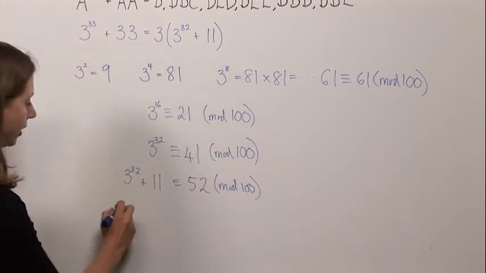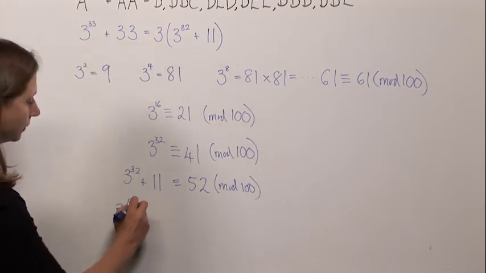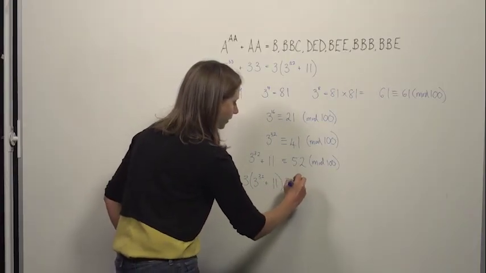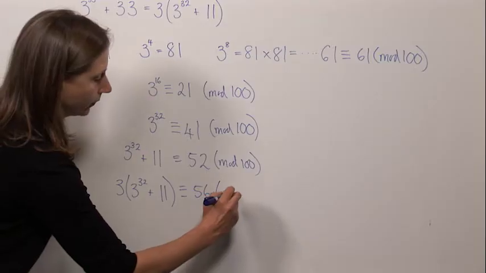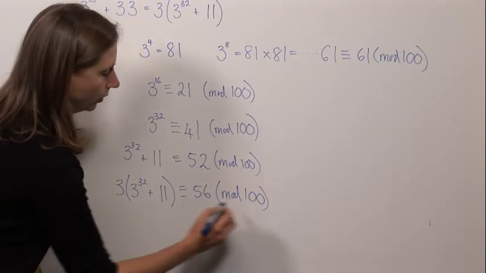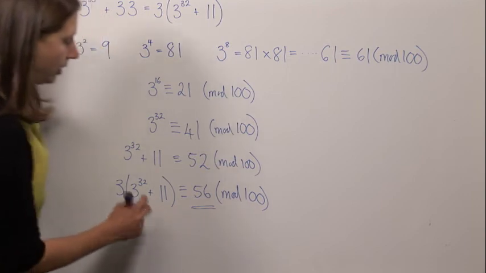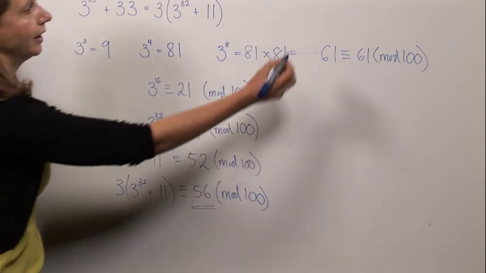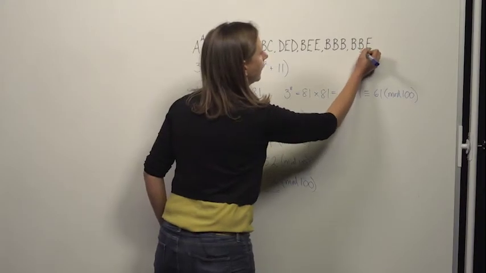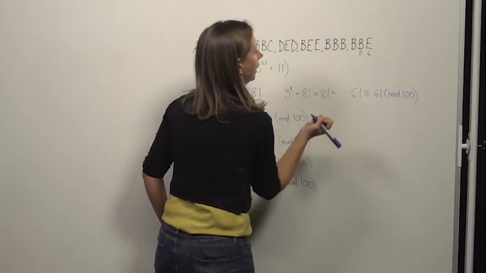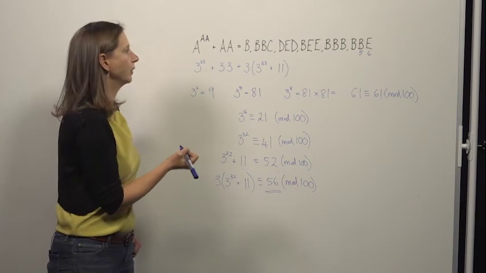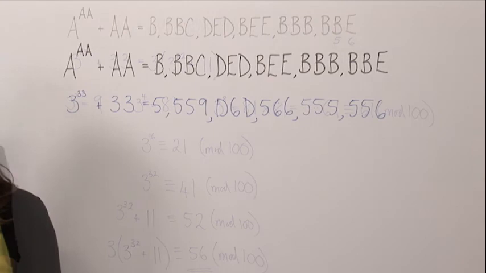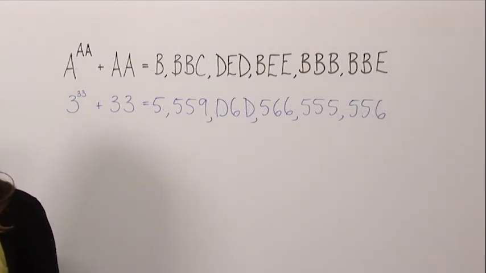And multiply this by 3 to get 56. And this is brilliant news, because that means our number finishes with the digits 5 and then 6. And that tells us that B must be 5 and E must be 6. We've got 3 digits so far. So we've almost got everything now.